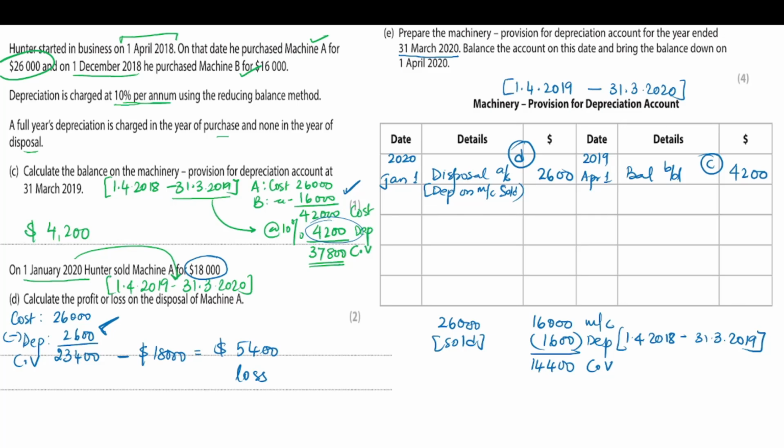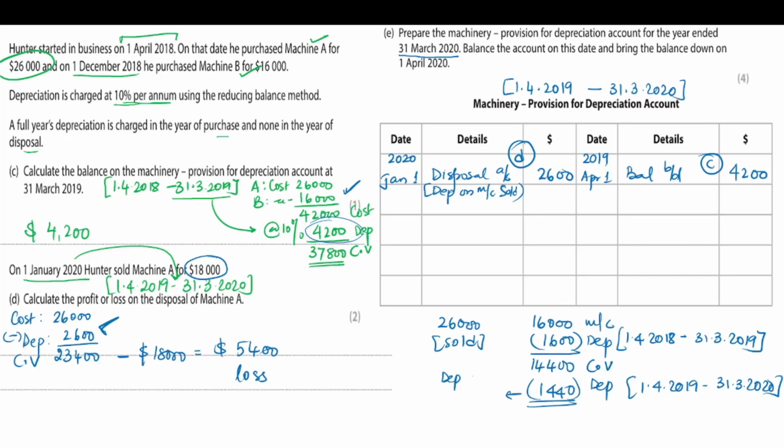Then the next year, again, we would charge depreciation because we are calculating it for 1/4/2019 to 31/3/2020. This was the machine left with them, at the rate of 10%, so 1,440. This is the depreciation for the machine which is left for the current year.